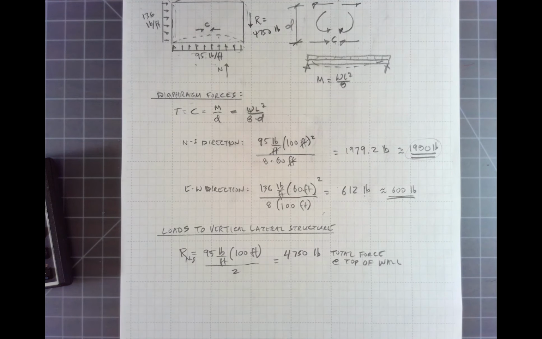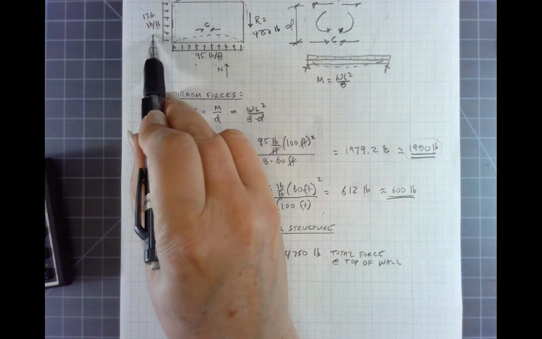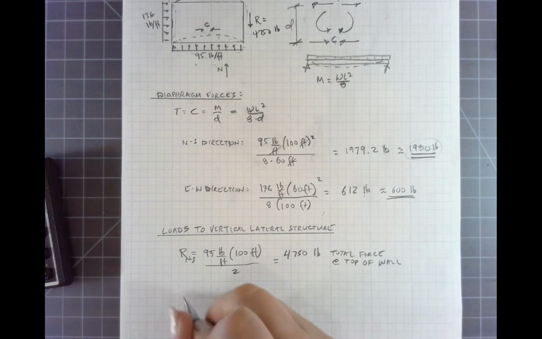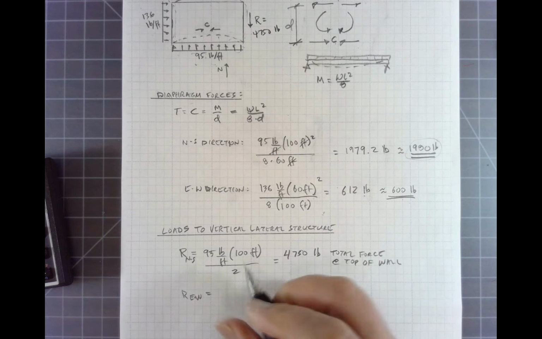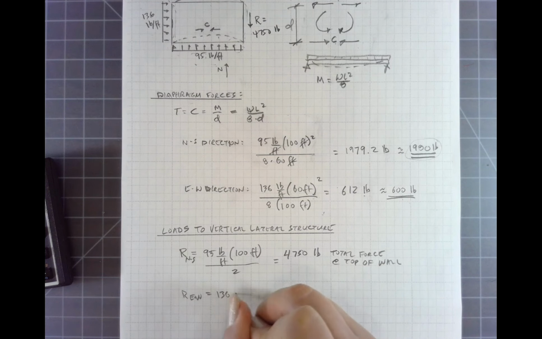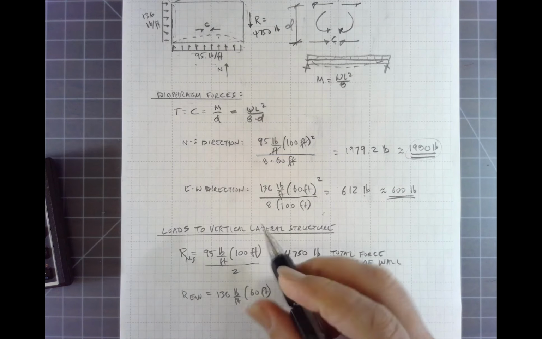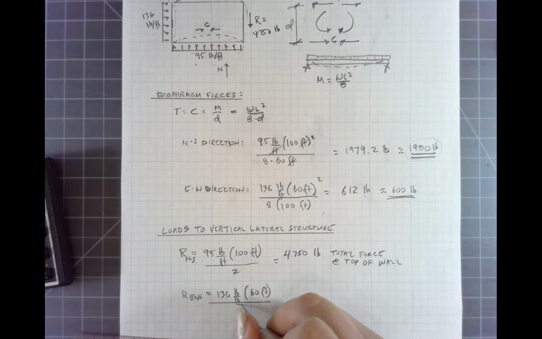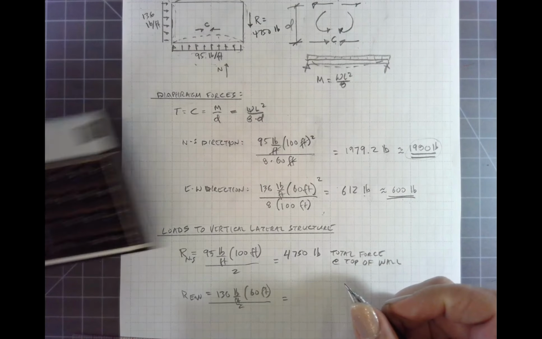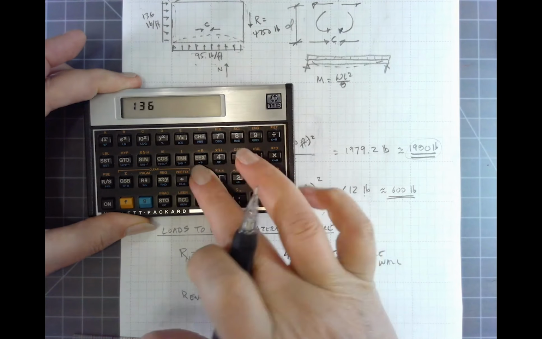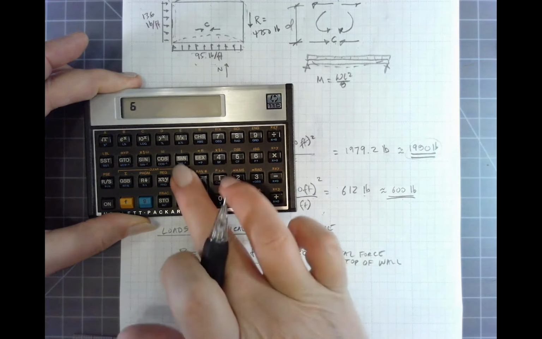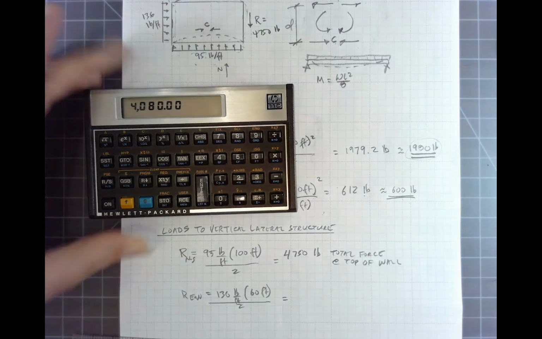And that's basically how we do the step-by-step calculations. We do the same calculation for the 136. I guess we can go ahead and do that. East-west is 136 pounds per foot times 60 feet, and all of that divided by 2. So that's 136 times 30, 60 over 2.